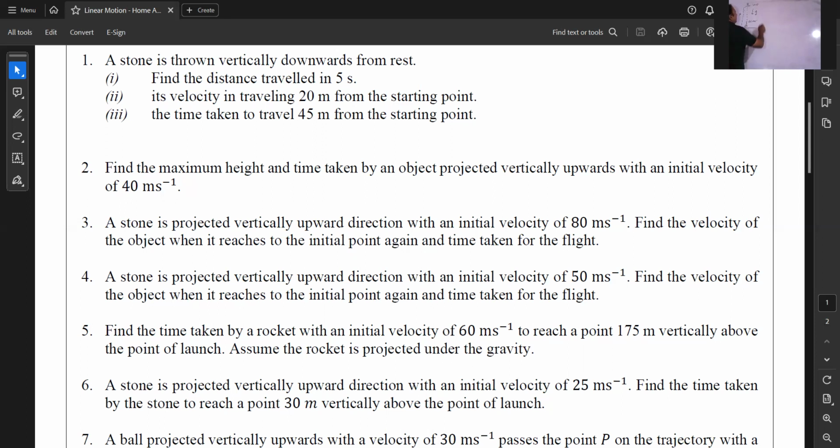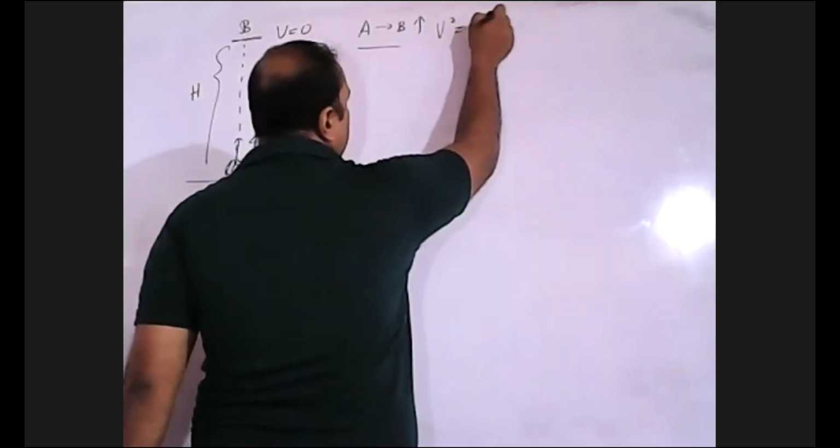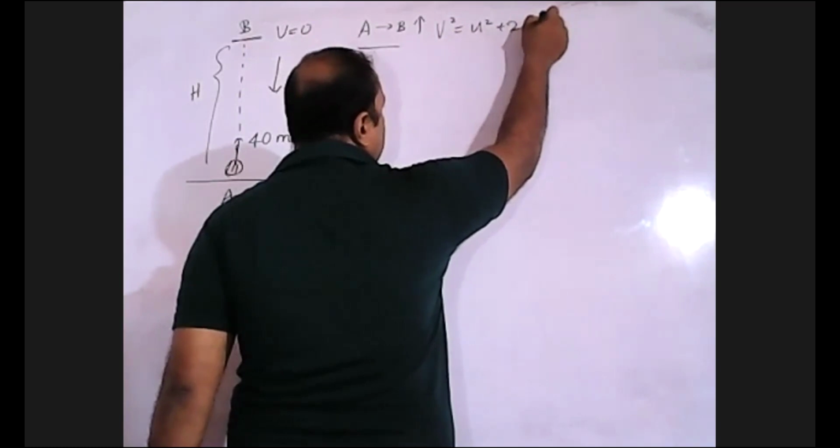Then I can write an equation from A to B in upward direction. You want to find the maximum height, but you don't know the time, and you know the initial and final velocities and acceleration. So you have to use v squared equal u squared plus 2as.